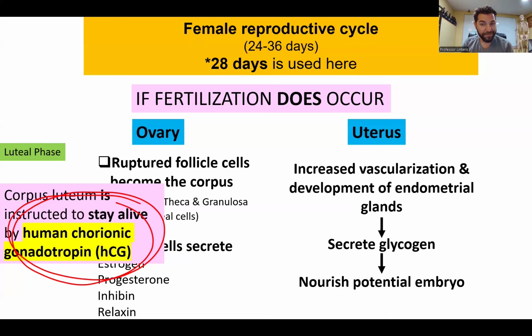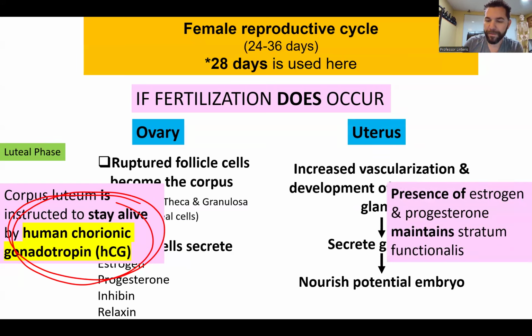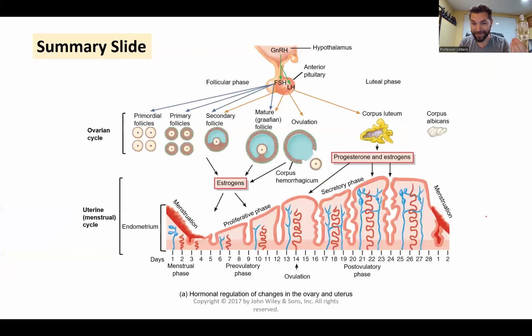If fertilization has occurred, we want to keep that corpus luteum around and have it make hormones, right? Because it sticks around, there's lots of estrogen and progesterone, which help keep that endometrium. You don't want to get rid of it, because now you have something that's going to implant in it, right?